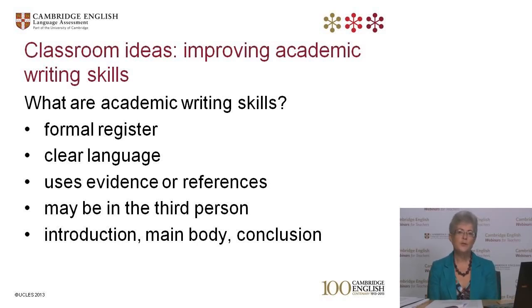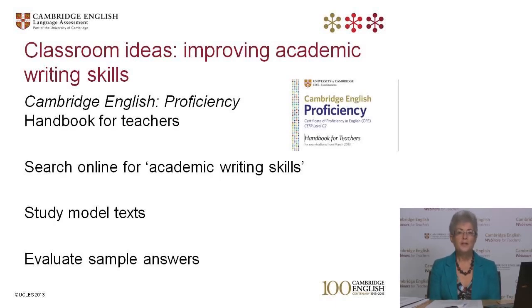So how can you help your students to achieve this? Well, you can find more information about what's required in essays, as well as the other text types for the writing test, in the Proficiency Handbook for Teachers. It's really well worth having a look at this. There's a lot of useful information in there.